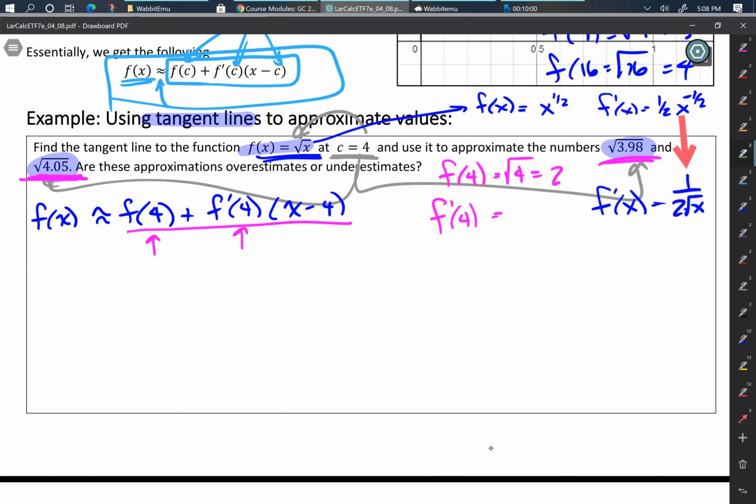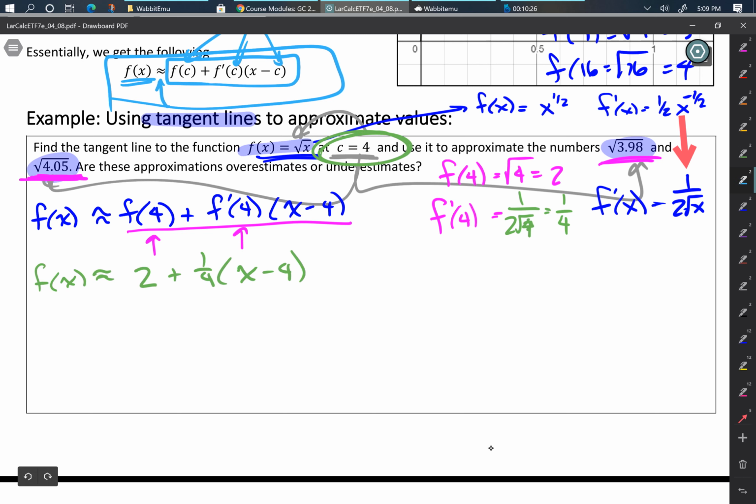Well, f prime of 4 is going to be 1 divided by 2 times the square root of 4, which is 1/4. And now we have the statement that f of x for values close to 4 can be approximated by 2 plus 1/4 times x minus 4.